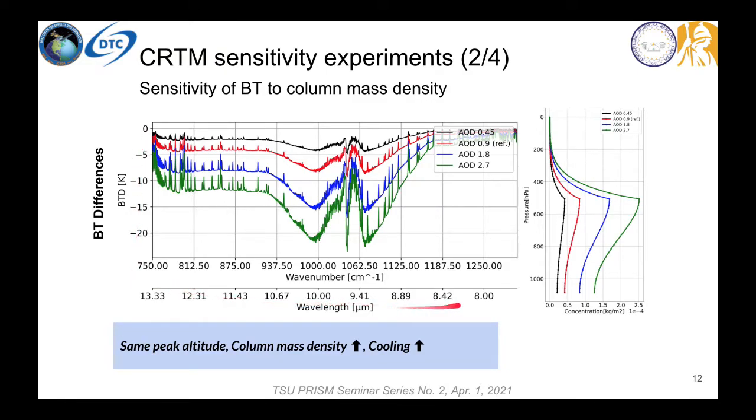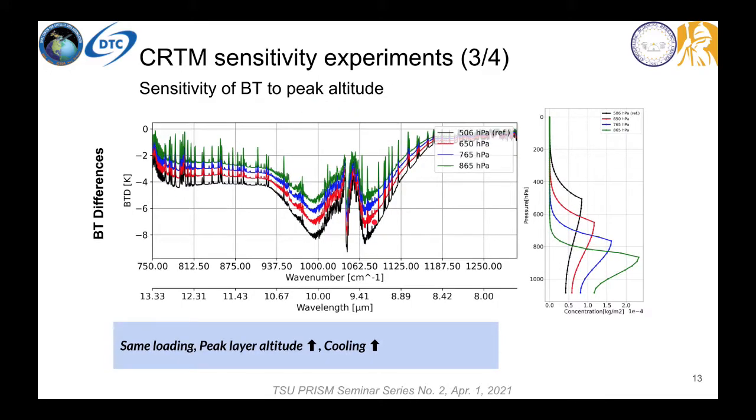So in the column mass density sensitivity test, I generate four different loadings of dust aerosols, with the same peak levels of the aerosol profile. And then in the peak altitude sensitivity test, I used the same aerosol loading, but I changed the vertical distribution of the aerosol profile.